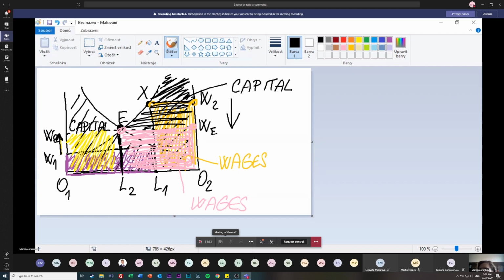So wages decreased, so the situation of workers worsened, wages decreased. And the situation of capital owners improved.